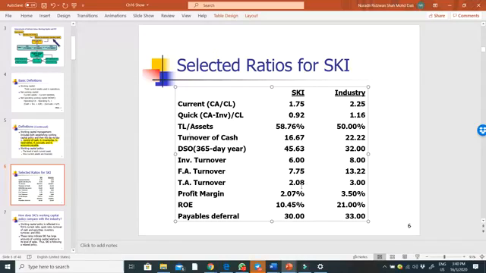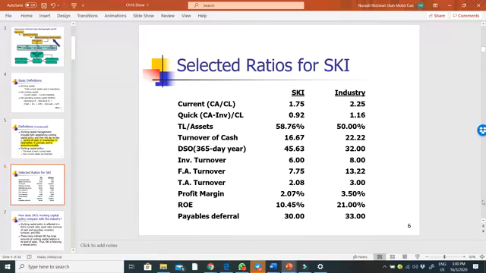Total asset turnover 2.083. Profit margin 2.07, versus 3.5. Return on equity 10.45, versus 21. Payable deferral 30 and 30. Some of the ratios for the company are better than the industry, but some are less performing, especially the turnovers, the fixed asset turnover, the total asset turnover, the profit margin, the return on equity, and so on.